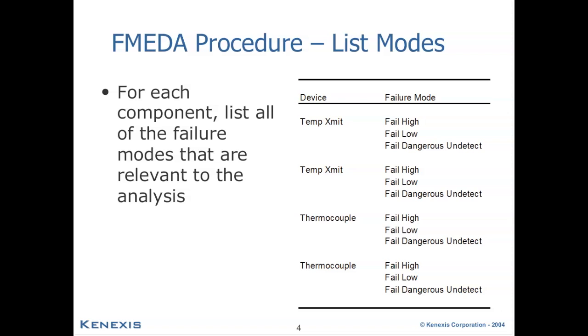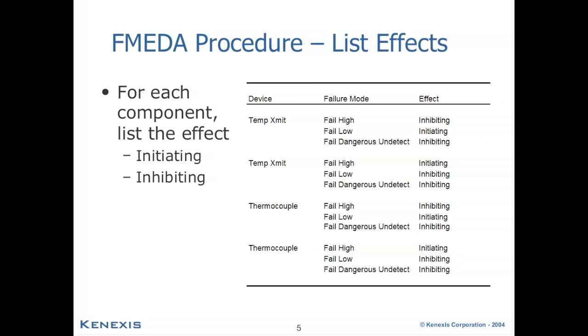The next step would be, for each failure mode, you need to determine how that failure affects the overall system. So if the first temperature transmitter in a differential temperature measurement fails high, is that an initiating or an inhibiting failure? So the next column over, the effect, we're going to say initiating and inhibiting.